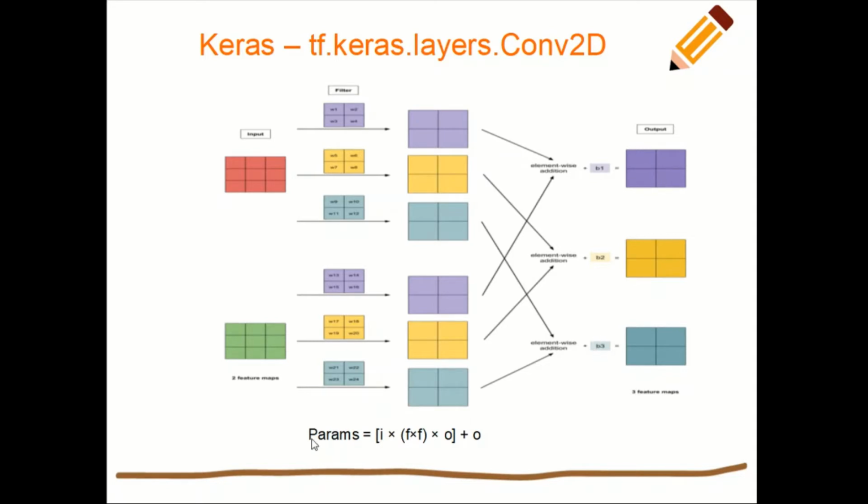Those will be the total number of trainable parameters in this case. So what we are doing is taking an image and trying to extract patterns from it, applying the filters to different color channels, and then combining the outputs from the corresponding color channels.